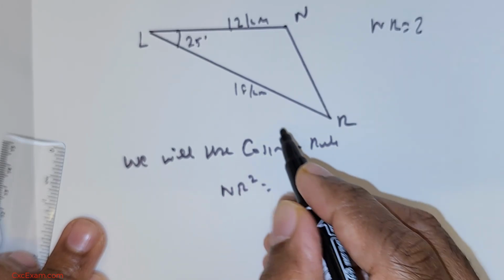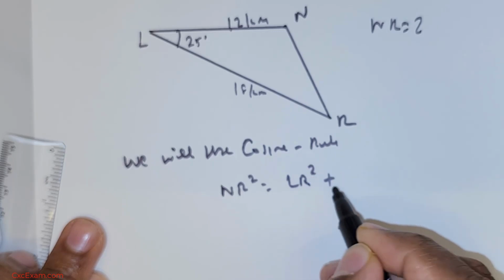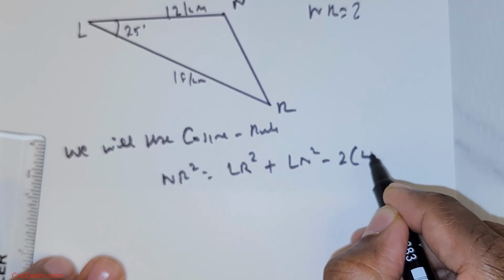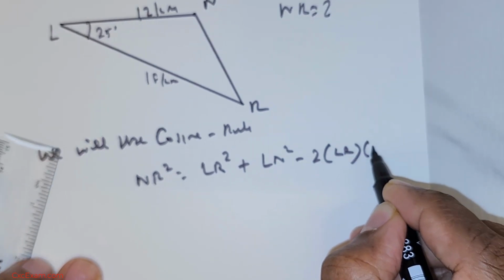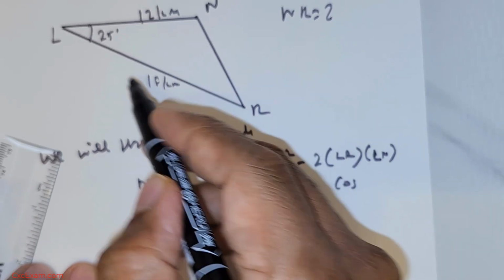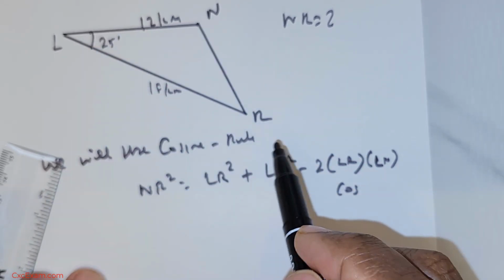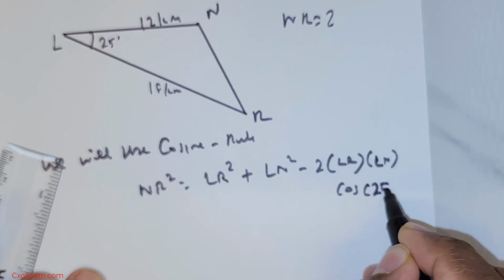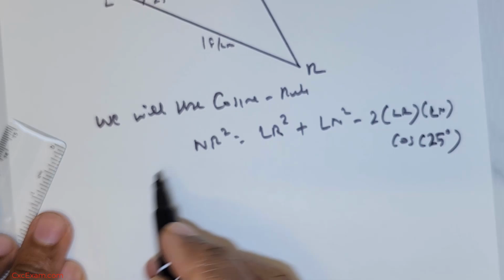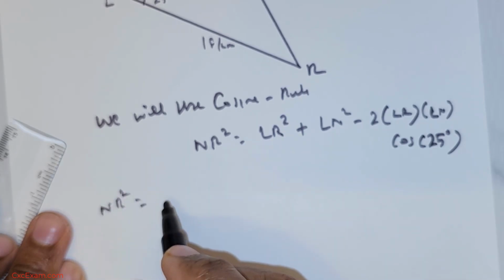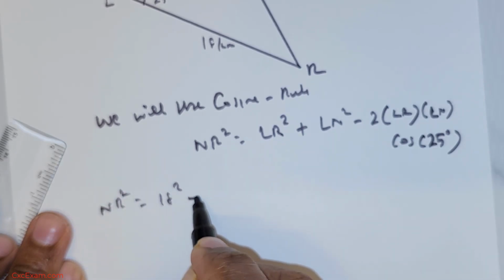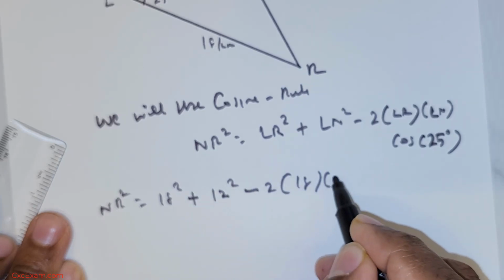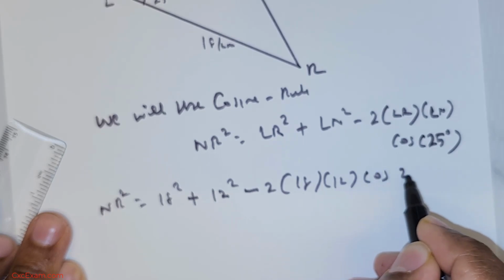NR squared is equal to LR squared plus LN squared minus 2 times LR times LN multiplied with the cosine of the angle between LN and LR. That's cos of 25 degrees. So NR squared is equal to LR, which is 18 squared, plus LN, which is 12 squared, minus 2 times 18 times 12 times cos of 25 degrees.